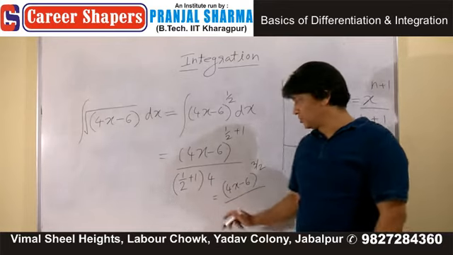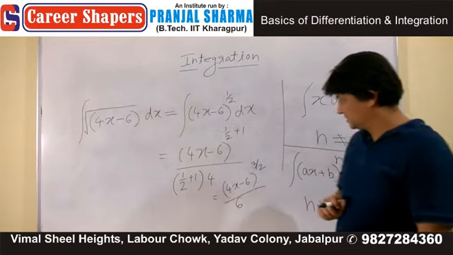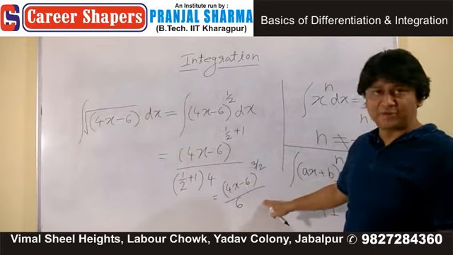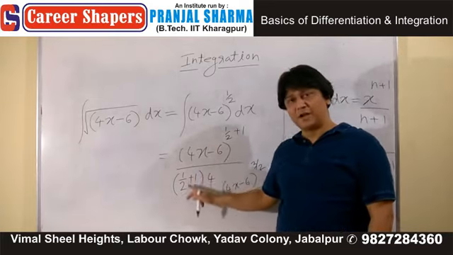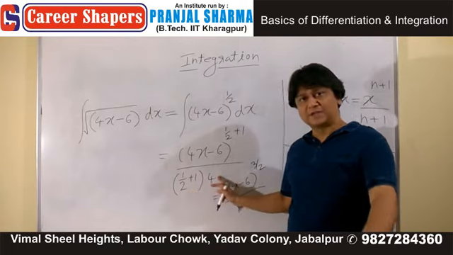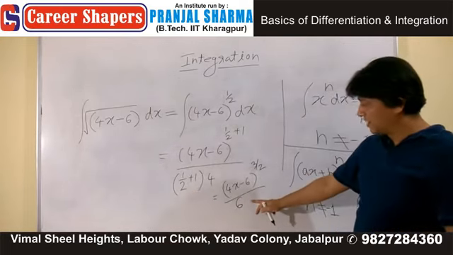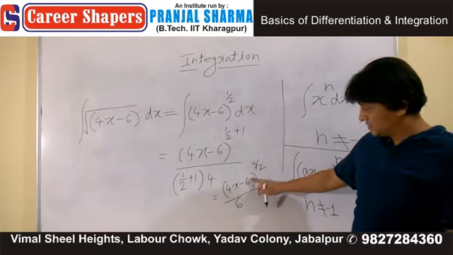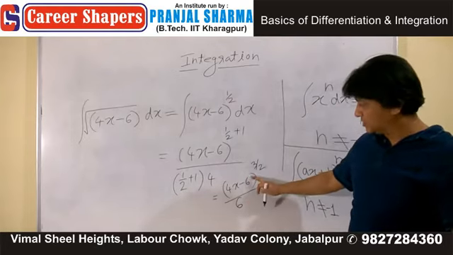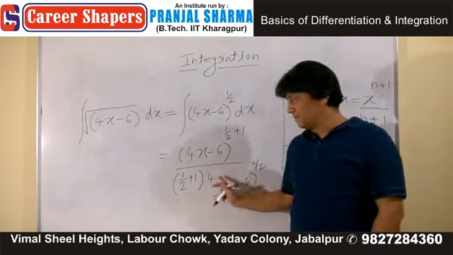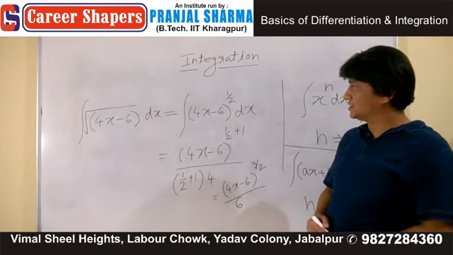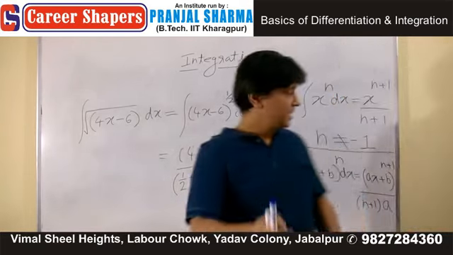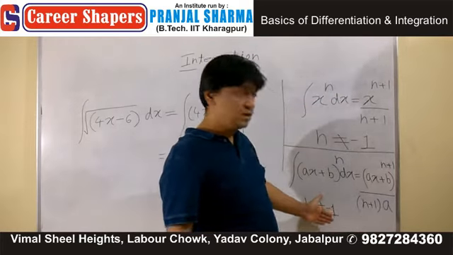After simplification of the denominator, 2 times cancel, 3 into 2 gives you 6. That's the answer. Don't forget to write this.